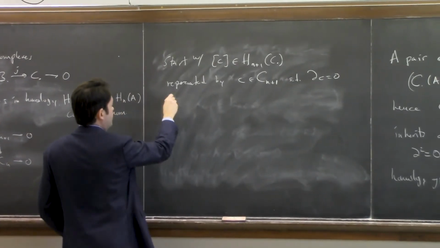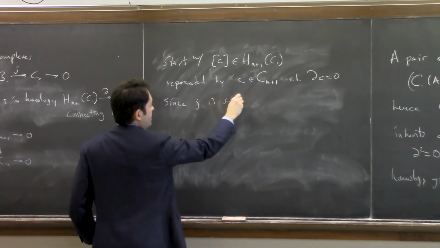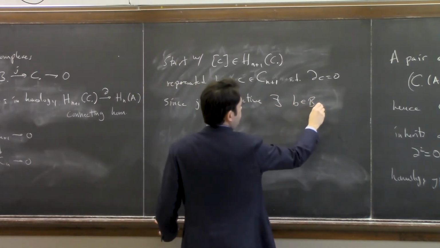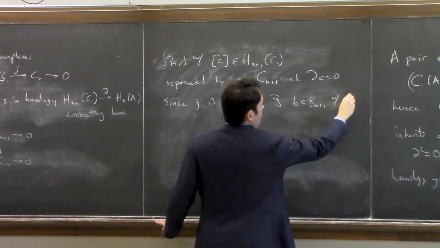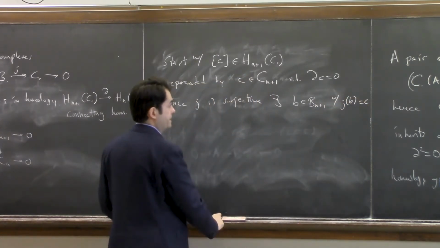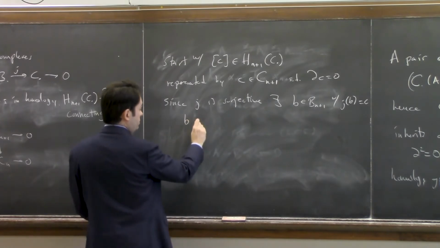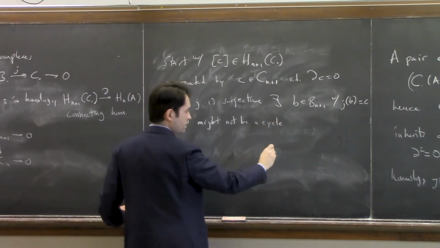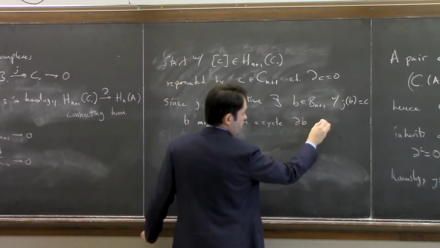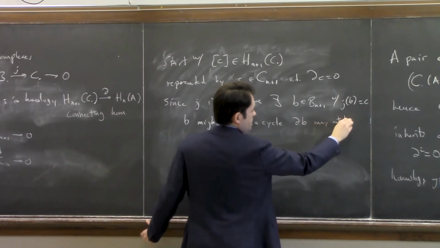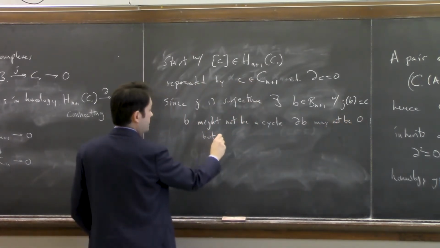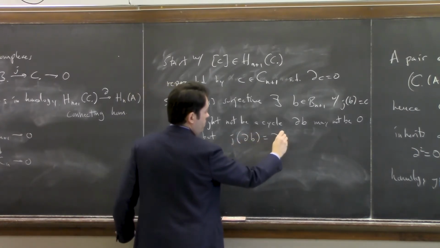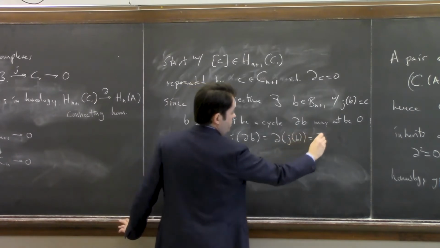So since J is surjective, there is a B with J of B equal to C. Now, B might not be a cycle, so the boundary of B may not be 0. But we do know that J of the boundary of B is the boundary of J of B, which is the boundary of C, and that's 0.